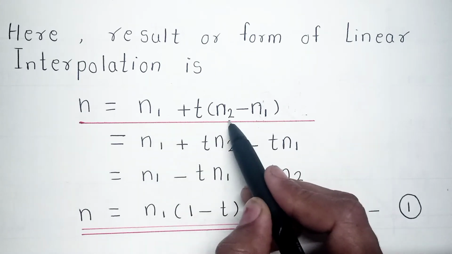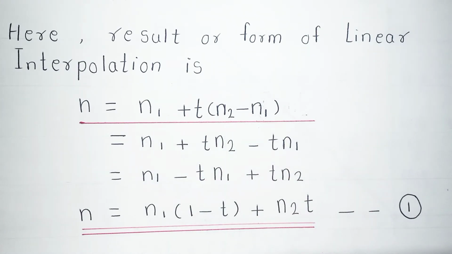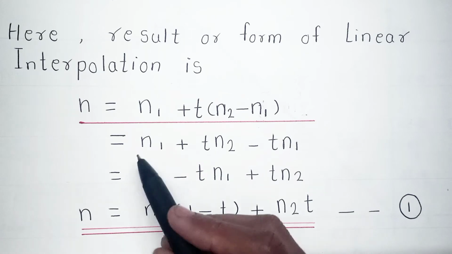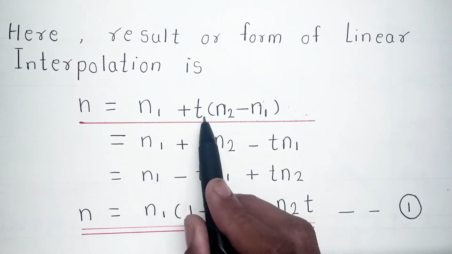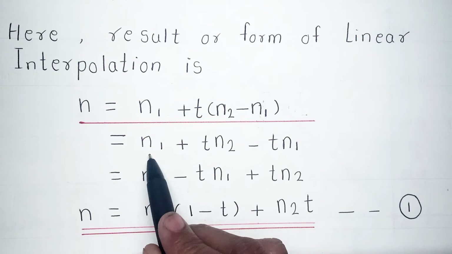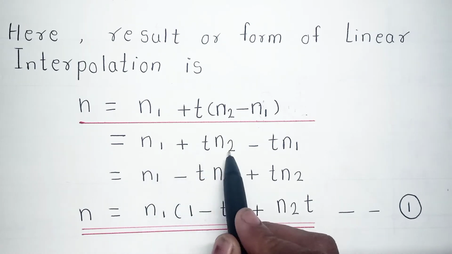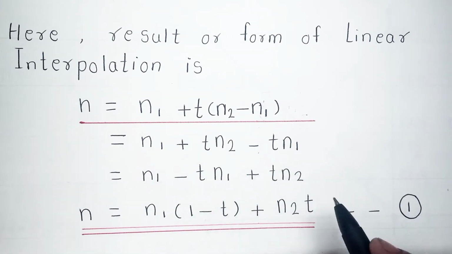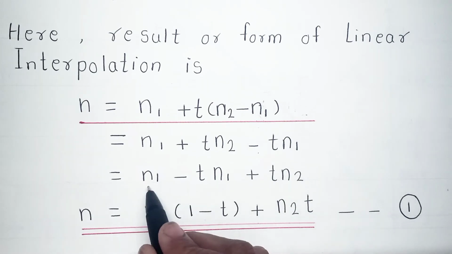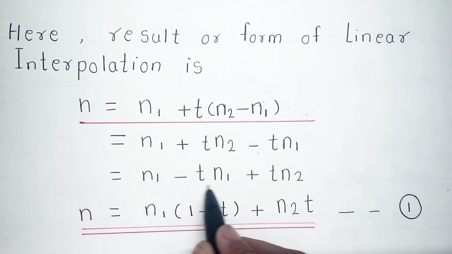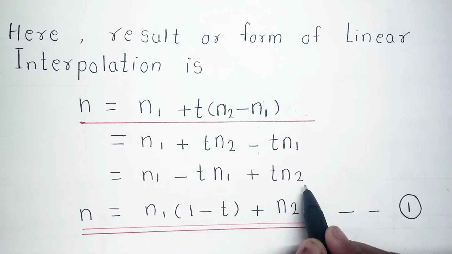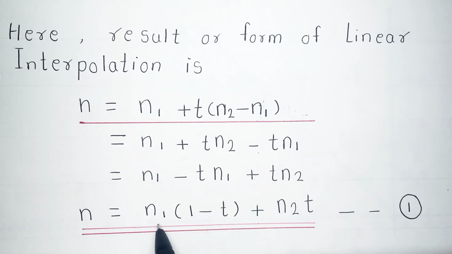What are n1 and n2? n1 and n2 are the start and final point. Okay, so here we simply multiply t with the inner term, so we get n1 + t n2 - t n1. Now equate the terms of n1 like this: n1 - t n1 + t n2. So here we generate the result for the linear interpolation like this: n = n1(1 - t) + n2 t.